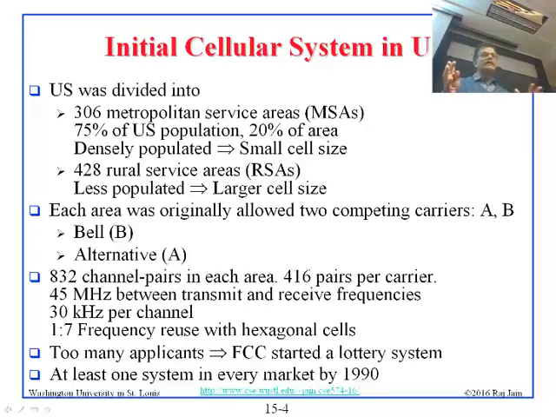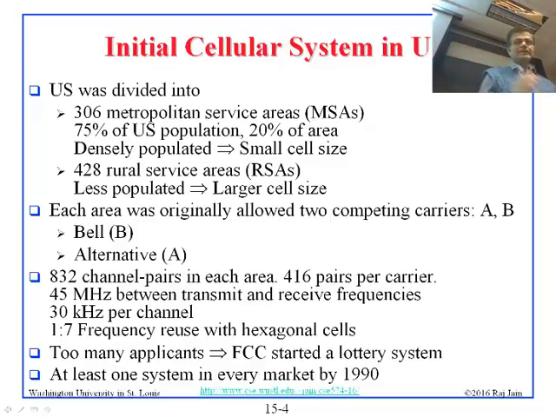And they divided the country into areas. And 2 kinds of areas, metropolitan areas and the rural areas. Metropolitan areas are the densely populated like St. Louis. Rural areas is if you go just 100 miles from St. Louis. Okay? And so 75% of the US population lives in the metropolitan areas, and that covers only 20% of the US area.